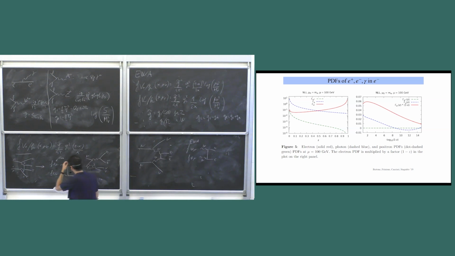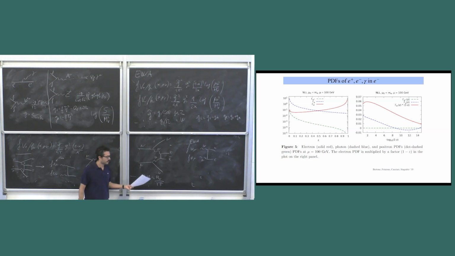But I'm also forgetting power corrections. This whole discussion started by saying that power corrections are of the order of 0.01, because this is equal to mW over the square root of s of the collider.